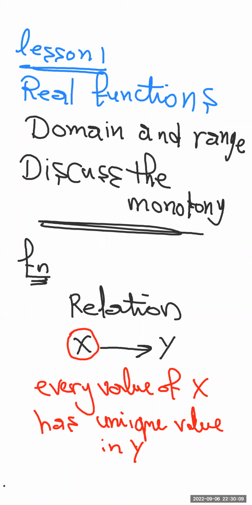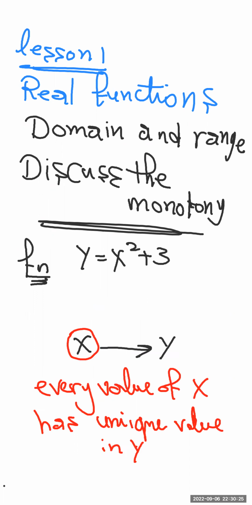Like this example, if there is a relation y equal x squared plus 3. Whatever the value of x, if x equal 0, y will equal 3. If x equals 1, therefore y will equal 4.